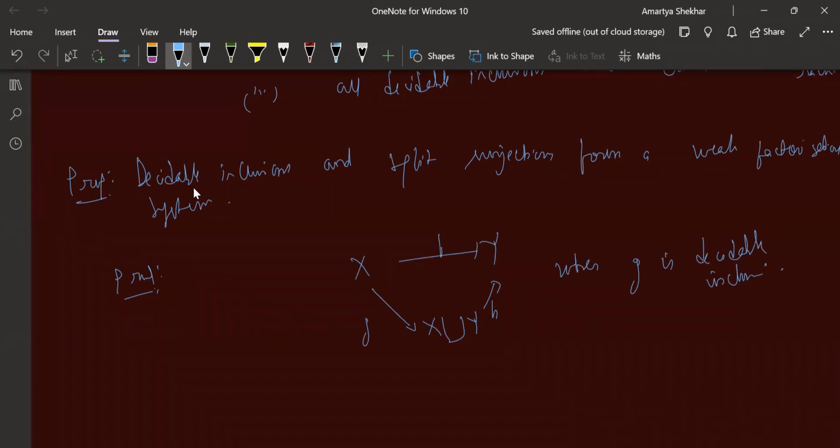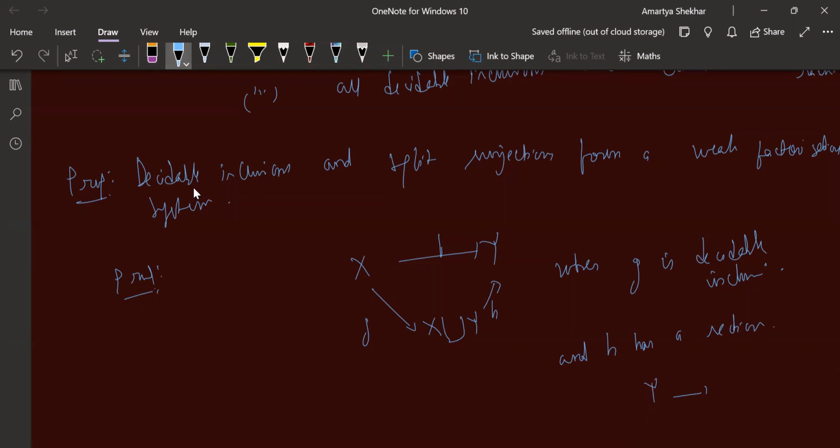And H is a split surjection. You can see that because H has a section because of this inclusion pattern. Let me make sure that I don't mess up the notation.